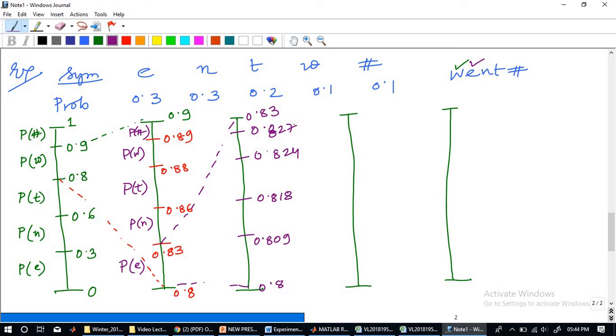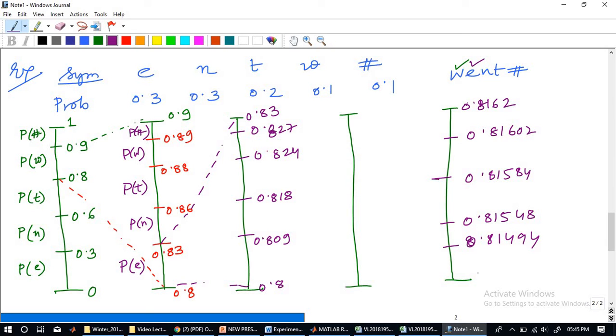Now suppose the question is, if you go on finishing it, I am not finishing it, please do the finishing off. For the final outcome, I am just writing this here. If my calculations are correct, 0.8162, 0.81602, 0.81584, 0.81548, 0.81494.